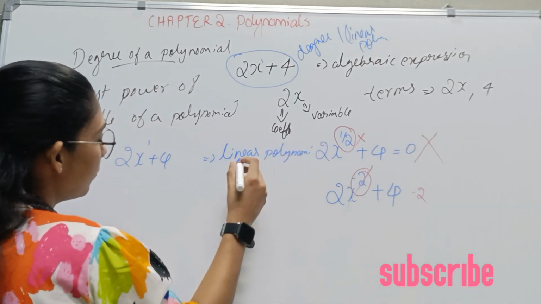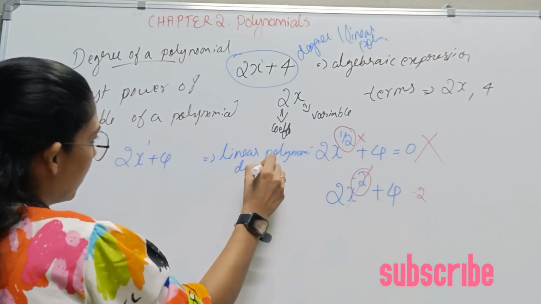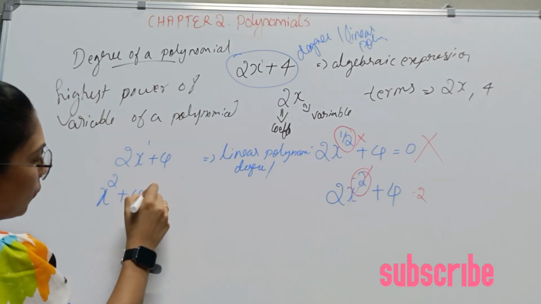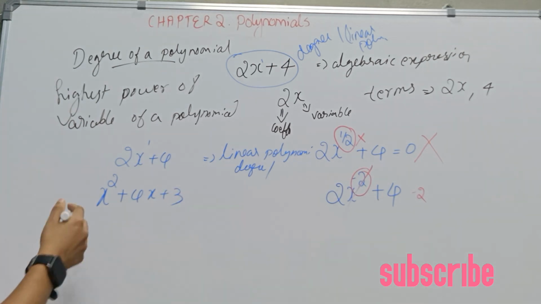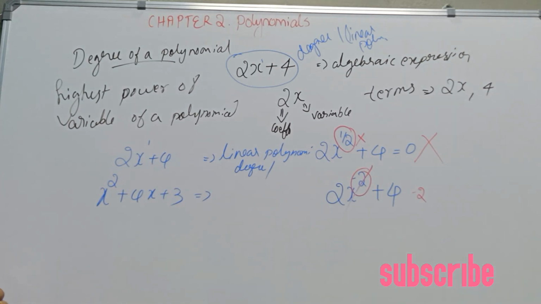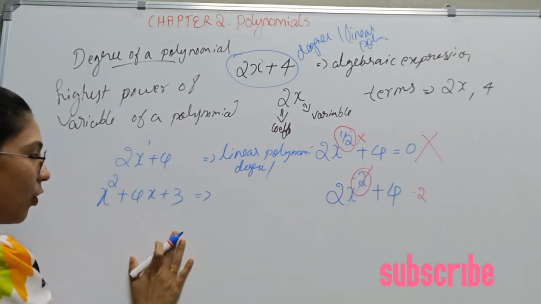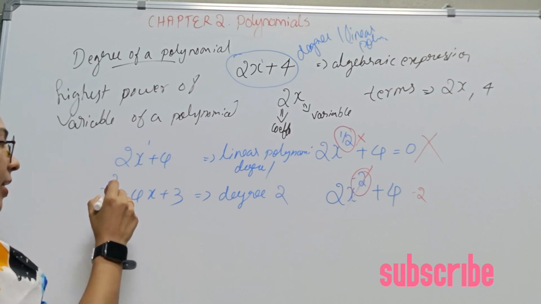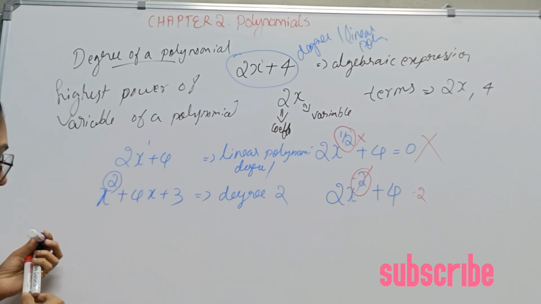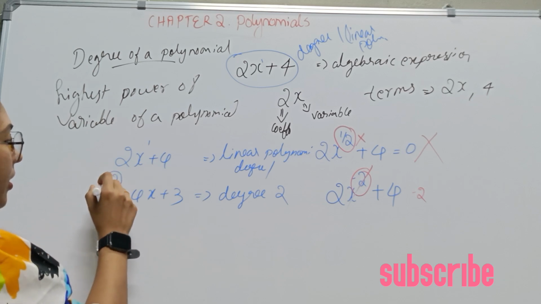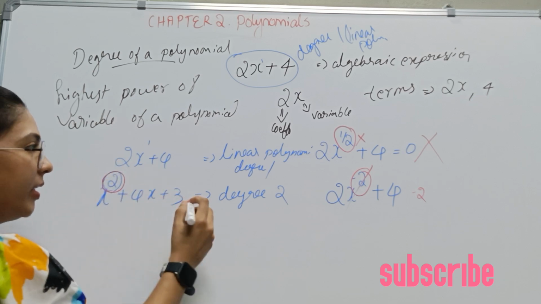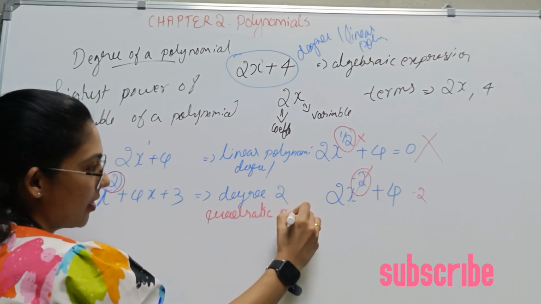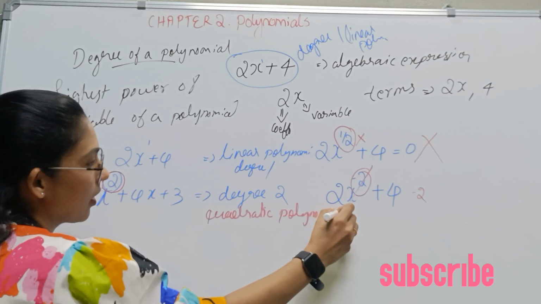Degree 1. Next one is x to the power 2 plus 4x plus 3. In this case, what is the degree? Here the degree is 2 because the highest power of the variable in this case is 2. Then it is said to be a quadratic polynomial.